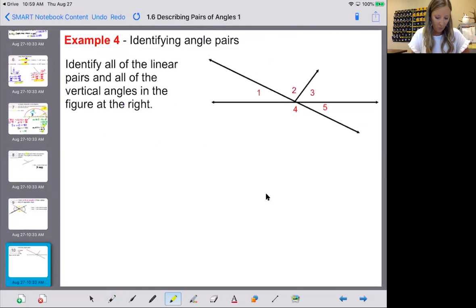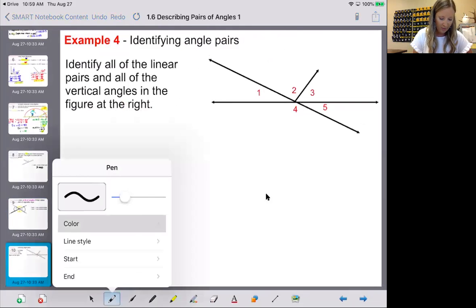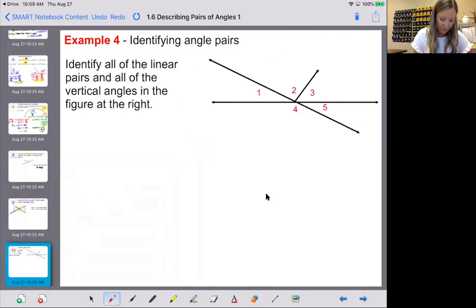Okay, so we're going to identify some angles. So we're going to talk about linear and vertical, the two things we were just looking at the definitions for. So we want to identify all the linear pairs, and we want to identify all of the vertical angles. So let's work on linear pairs first.